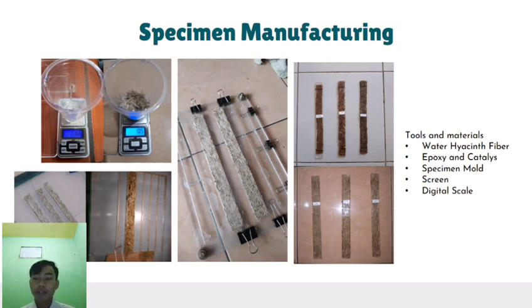Then put the fiber into the specimen mold, then add the resin and catalyst that have been calculated in a ratio of 3:1. Then dry at room temperature. After drying, separate the specimen from the mold. The specimen is ready for the tensile test.